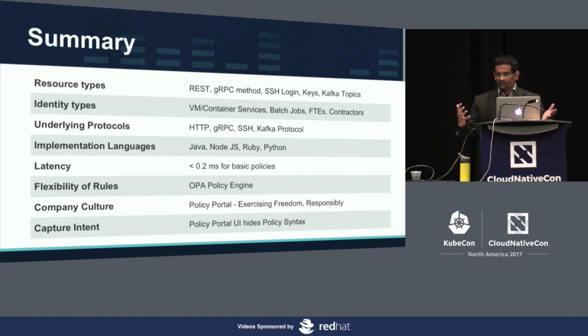So we had to first solve the authentication problem, which we did, and then once we had that, we had to make sure that the authorization system is flexible and extensible. Now, latency was also a big deal. I think Torin showed some numbers from OPA's perspective, and when we did our own benchmark, basic policies could easily be evaluated in less than 0.2 milliseconds, which works for Kafka.